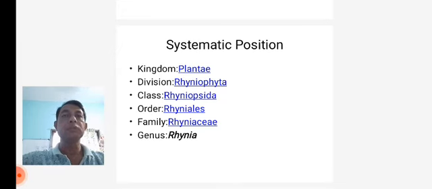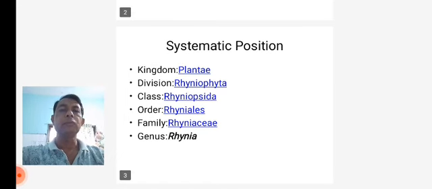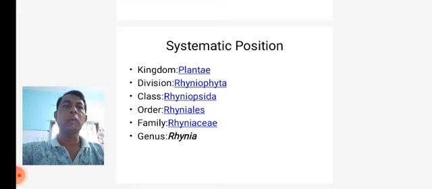Division Rhyniophyta is also known by another name, as the true vascular plants are included in this particular division.